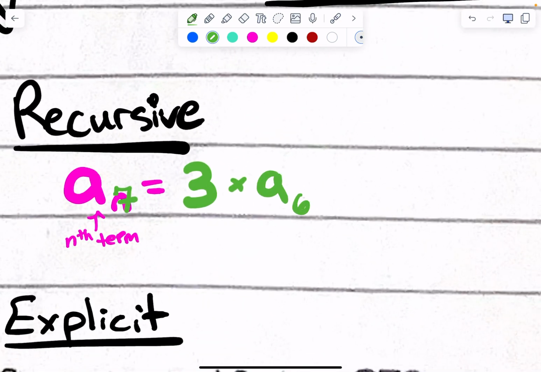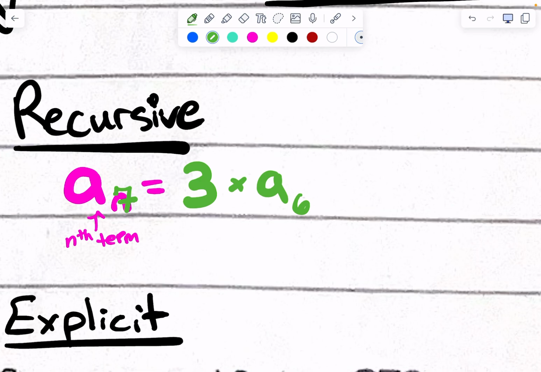If I'm trying to find the 7th term, I multiply 3 by the 6th term. If I'm trying to find the 21st term, I take 3 times the 20th term. If I'm trying to find the 142nd term, I'm going to take 3 times the 141st term.